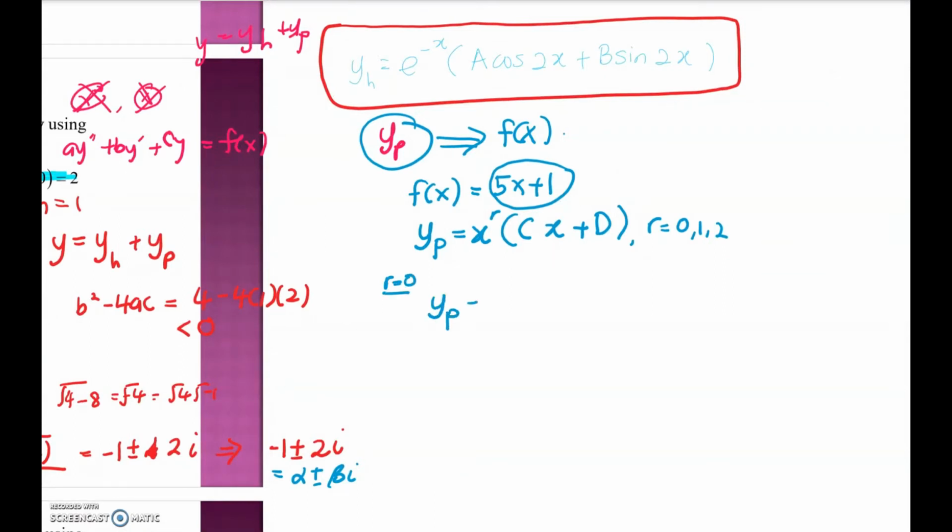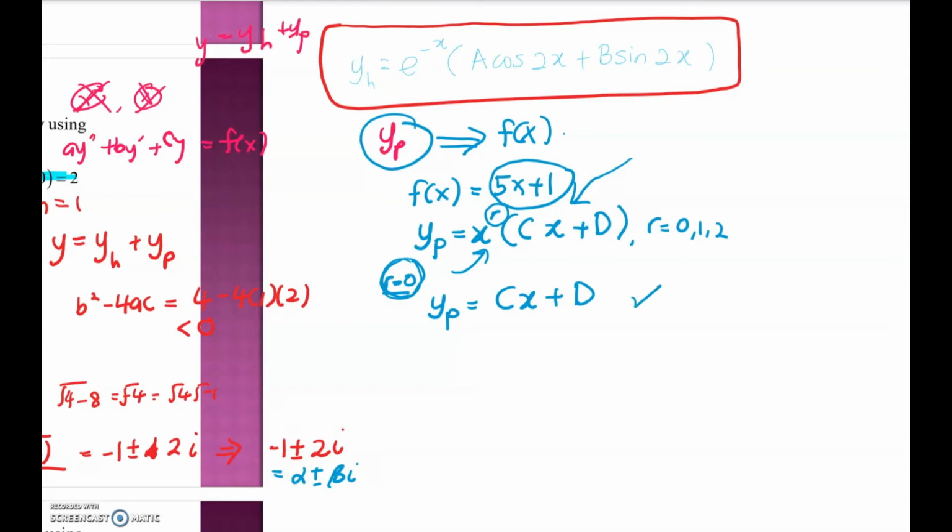We have YP with x to the 0, which is 1, so we have cx plus d only. The method of solution: after you do the assumption or initial guess of your solution, we start with r equals 0, substitute here, and say that this is my initial guess of my solution of YP.